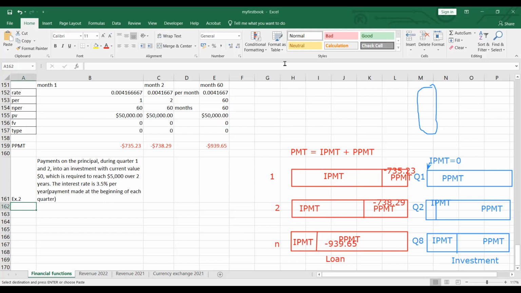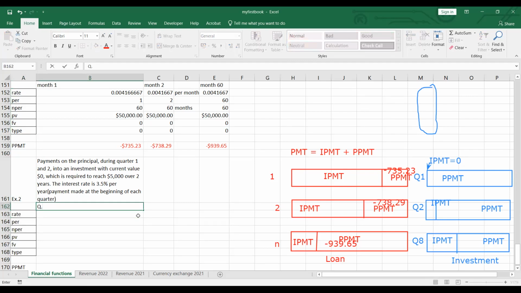Okay, now let's see this one. For the question here, you are asked to find the PPMT. From quarter one and quarter two, we say that payments on principal during quarter one and quarter two into an investment with the current value is 0. PV is 0, per is 1 for quarter one.